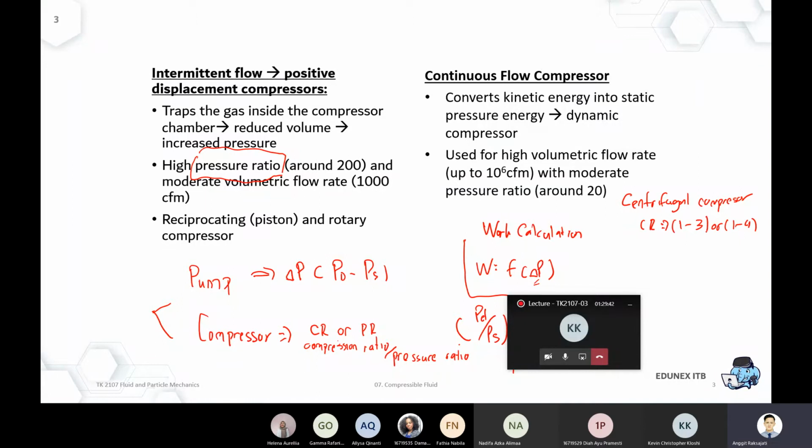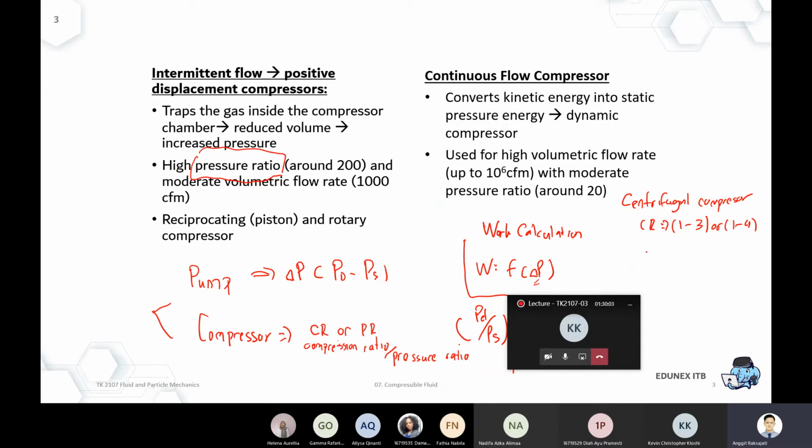So the maximum pressure ratio for a centrifugal compressor would be around 4. It's very uncommon for a centrifugal to have a compression ratio higher than 4. Why? Because it's inefficient. The temperature will increase uncontrollably and you need a lot of electricity.